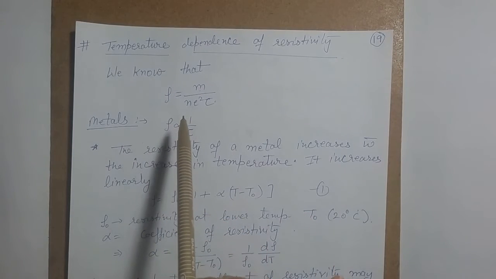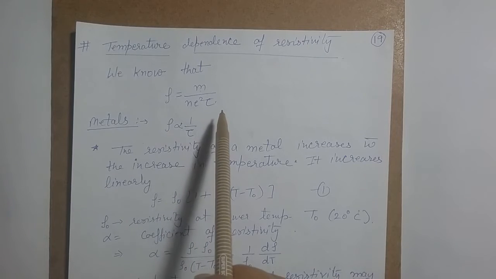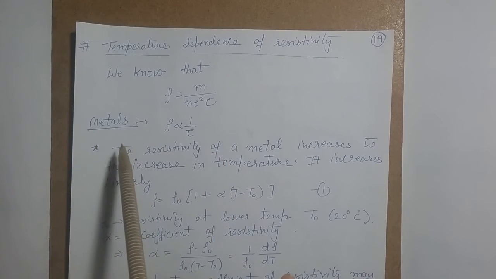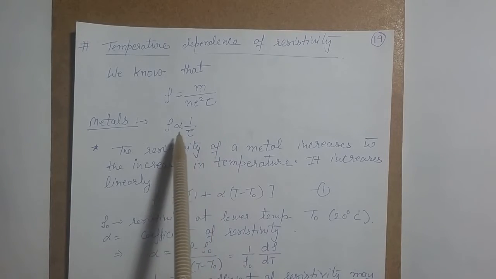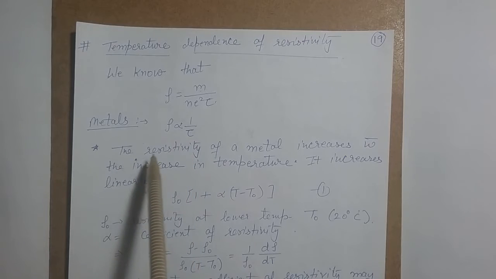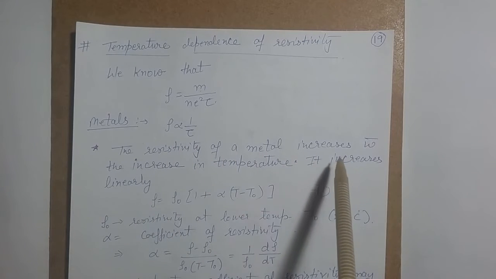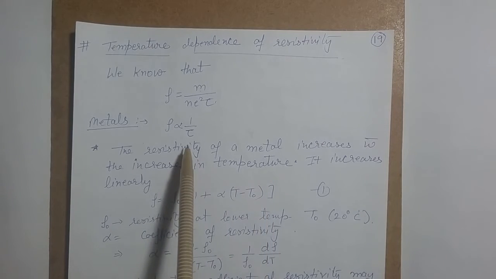We know that the formula for resistivity is m upon n e square tau. For metals, this resistivity is proportional to 1 upon tau, and this is the relaxation time. So the resistivity of a metal increases with increase in temperature. How does it increase?